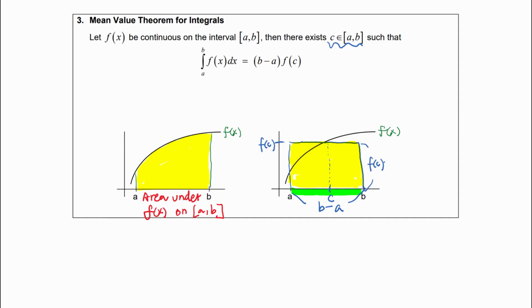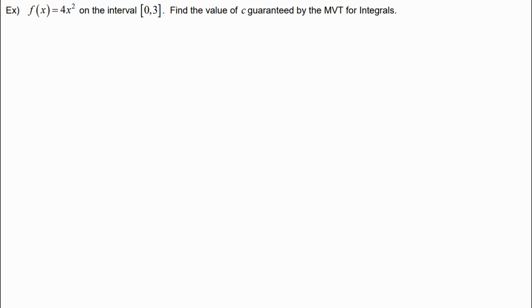So let's go ahead and do an example of this problem. F of x equals 4x squared on the interval 0 to 3. Find the value of c guaranteed by the mean value theorem for integrals. Okay, so f of x equals 4x squared is a continuous function on the closed interval 0 to 3 because this is a polynomial.